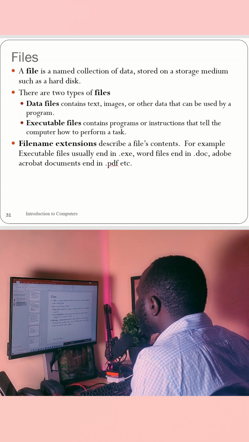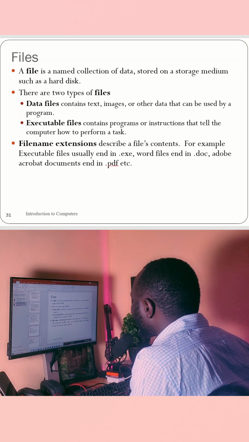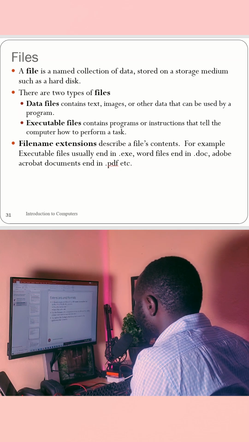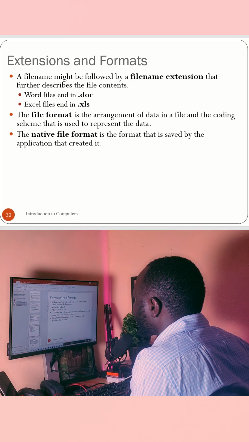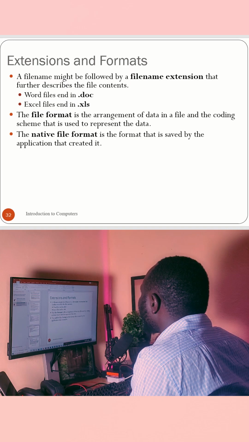Then we have executable files having .exe as their file extension, such that whenever you're installing, you click on it, and it initiates the installation process by itself, because it has a file extension for executable files. Then a file name might be followed by a file extension that further describes the file content.